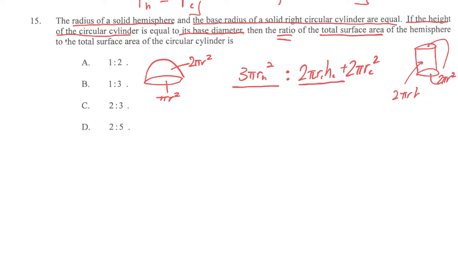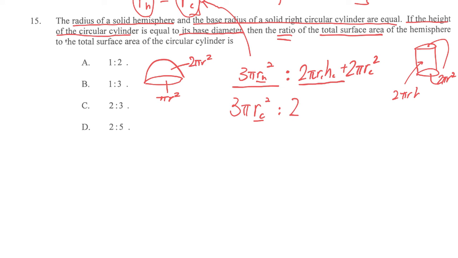We know RH is equal to RC, and HC is also in terms of RC, so everything would be converted to RC, the radius of the cylinder. Because the radius of the hemisphere is the same as the radius of the cylinder, we change the radius of the hemisphere to the radius of the cylinder. This is one change we've done because of this relationship.